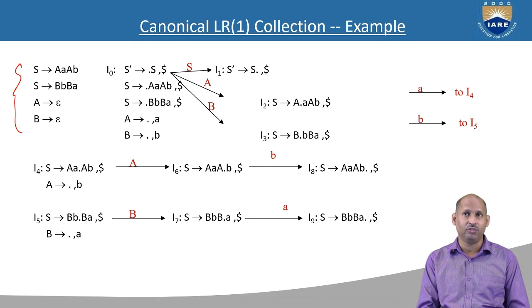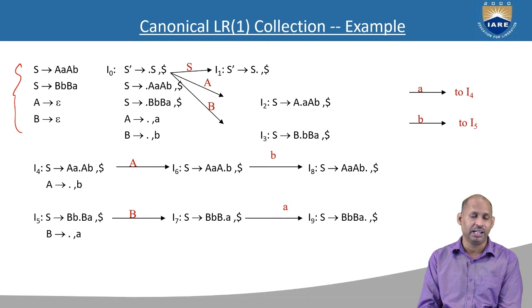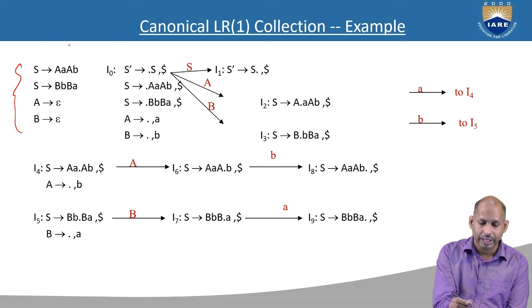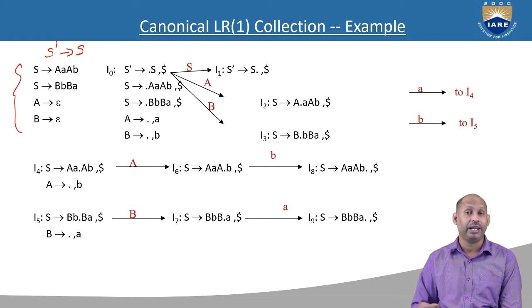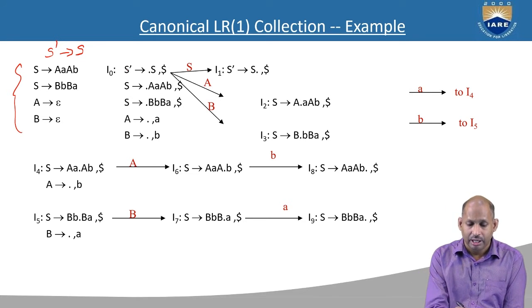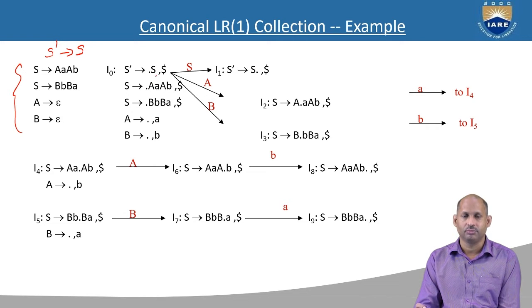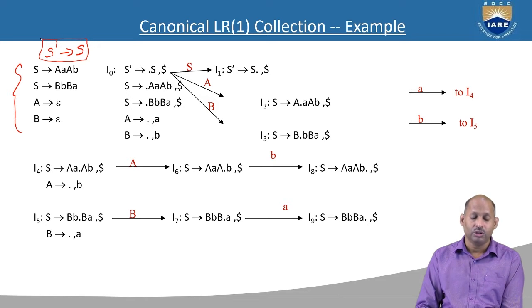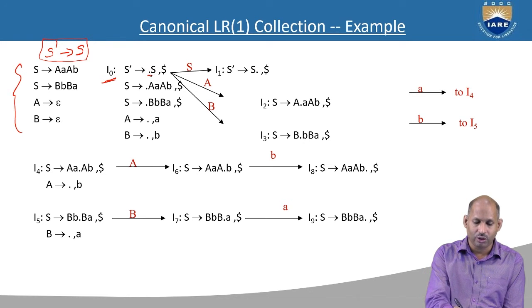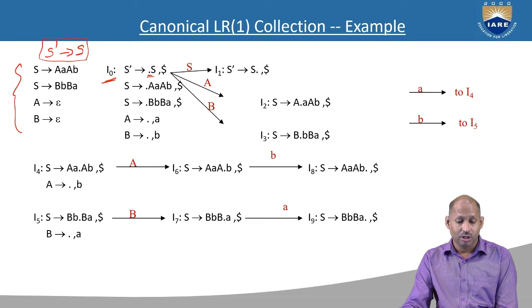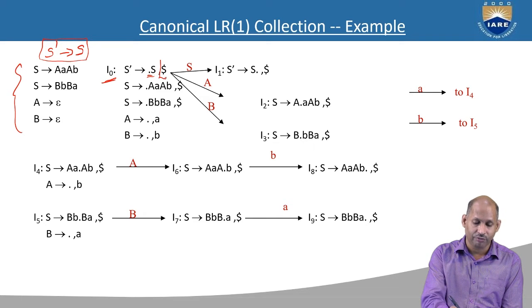Whenever a grammar is given and we are going to solve it as SLR, canonical LR, or LALR, we add a new production, S dash gives S. So we have to add a new production S dash gives S. Here, S dash gives dot S. This is the first production, so in the I0 group we have to consider S dash gives dot S. And remember that always here it will be the dollar sign.